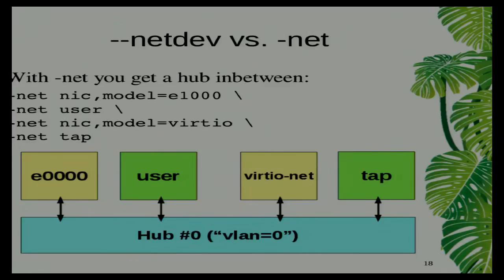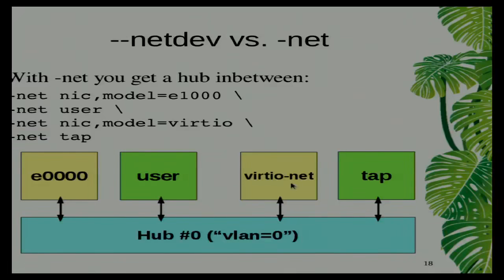In this case, you get a hub in between. So everything is connected to an emulated hub. So the traffic of the E1000 network card is also visible on the VirtIO net network card, for example.